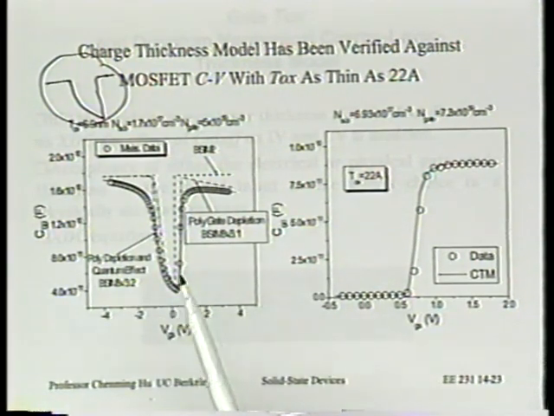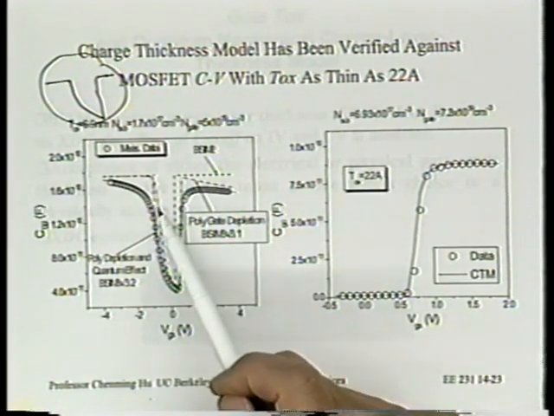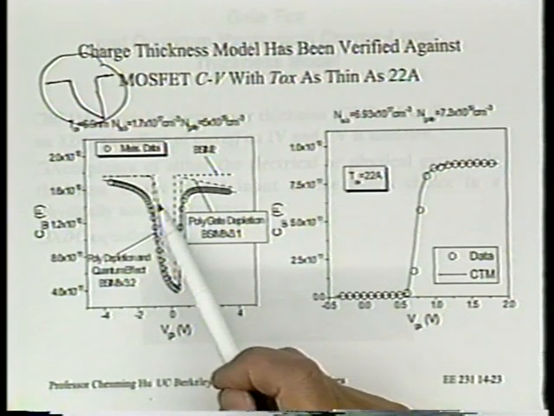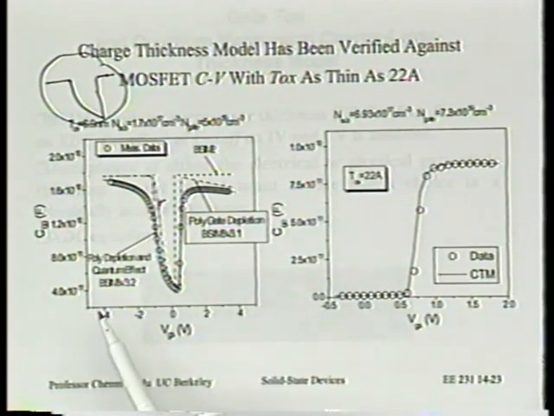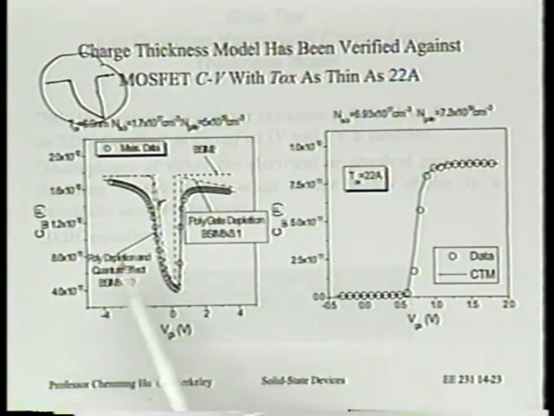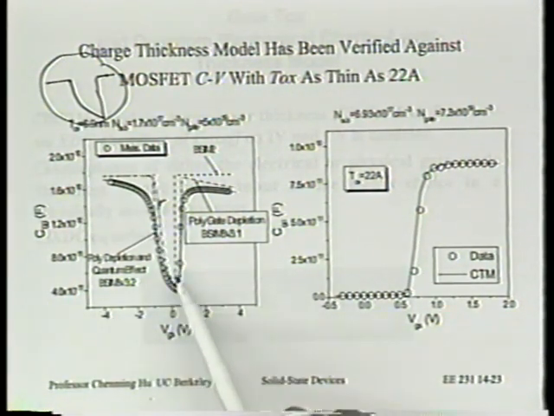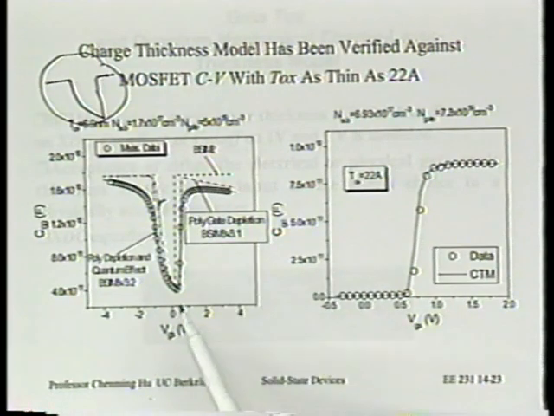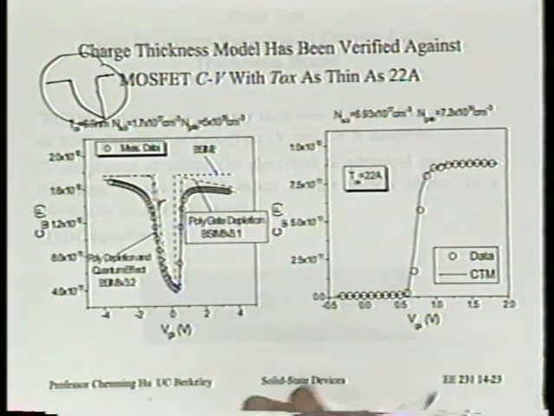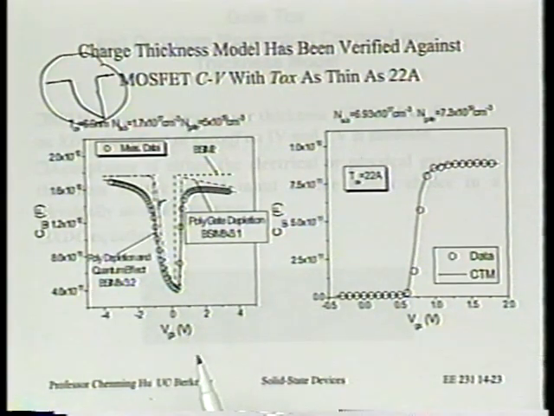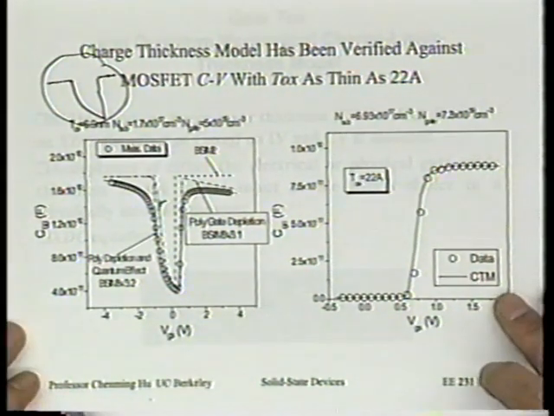People still use this. All right. The next model is a slightly advanced version that actually tries to capture the Poisson equation solution and give you this, but did not consider the quantum effect. And finally, quantum effect will give you this. Okay? All right.